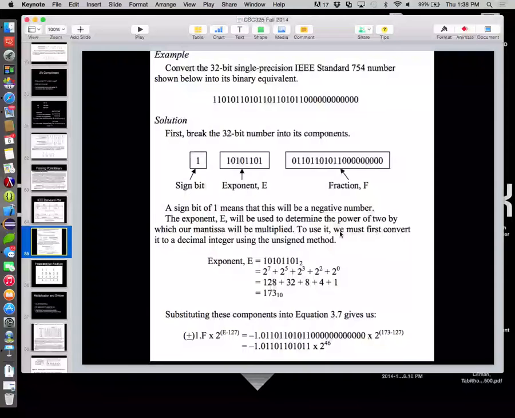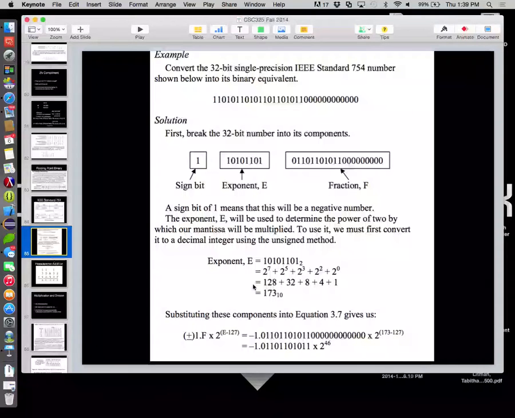To use it, we must first convert it to a decimal integer using the unsigned method. So if we have this number 10101101 in base 2, so that's where all those 2's came from. Copying it didn't like to take the subscripts. So this number in base 2 converts into what? This is 2 to the 0, 0 times 2 to the 1, here's 2 to the 2, 2 to the 3, 2 to the 5, 2 to the 7.